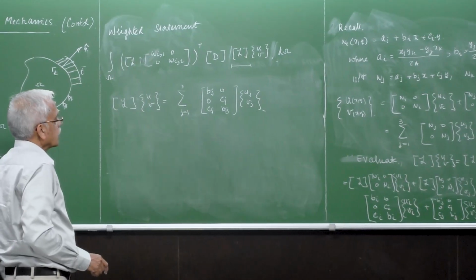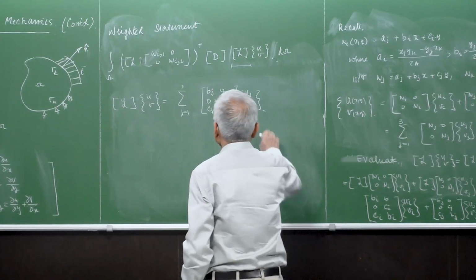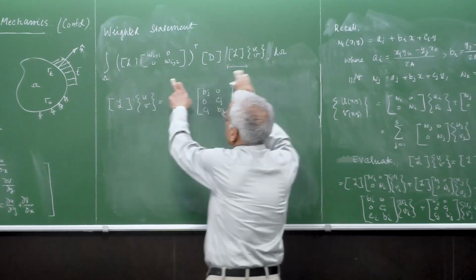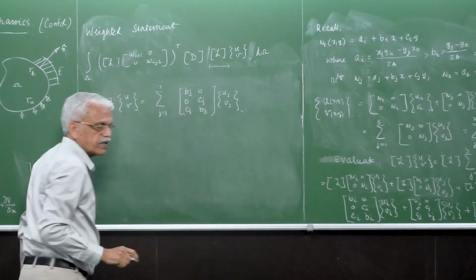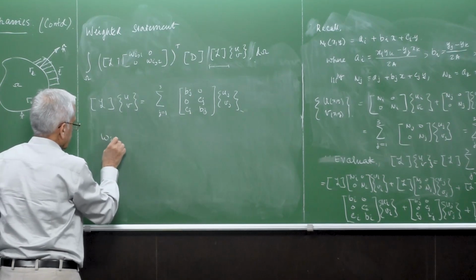So now, what is it that we have here? The next step is that this is this part. What about this weighting function? What is that weighting function we need to take?